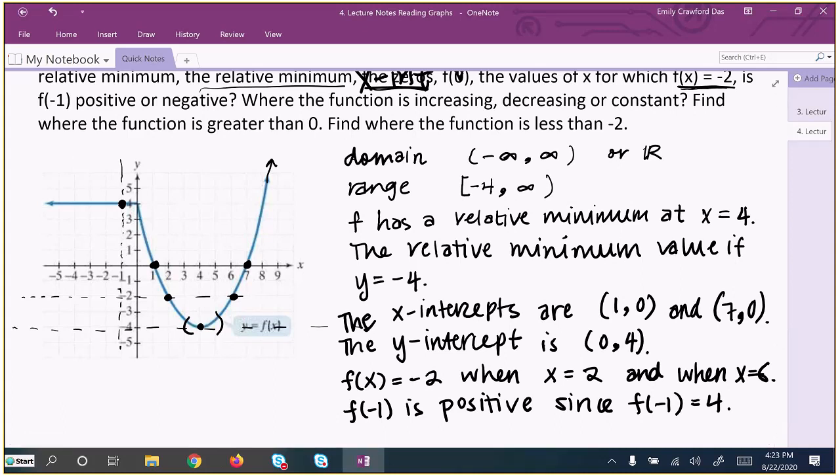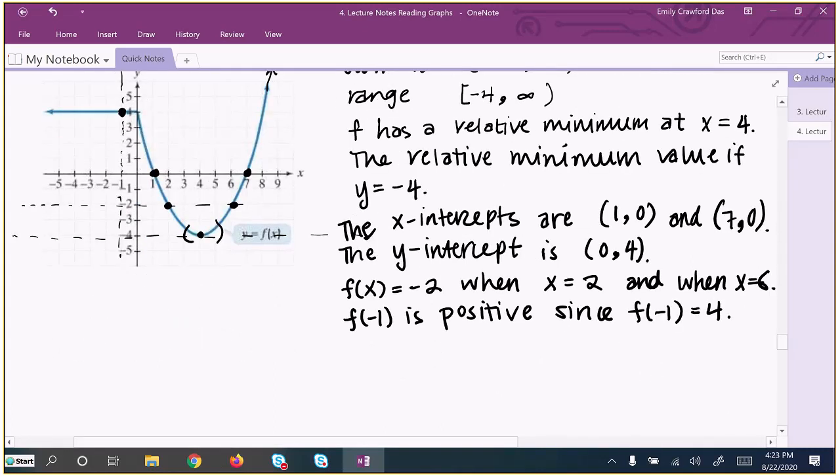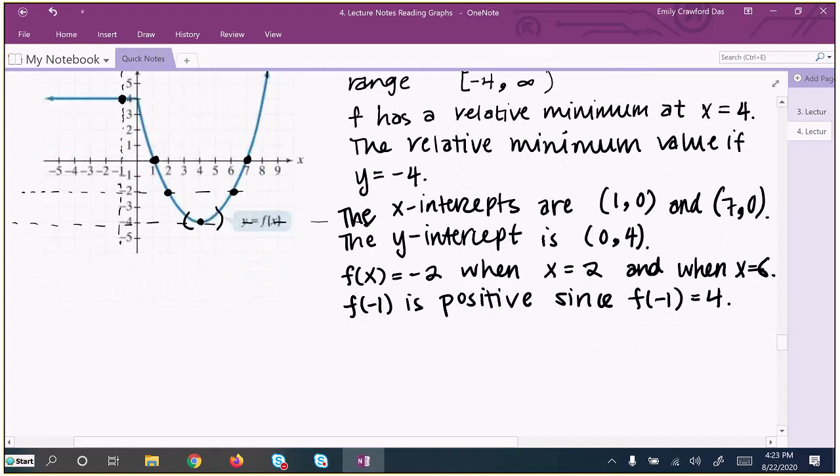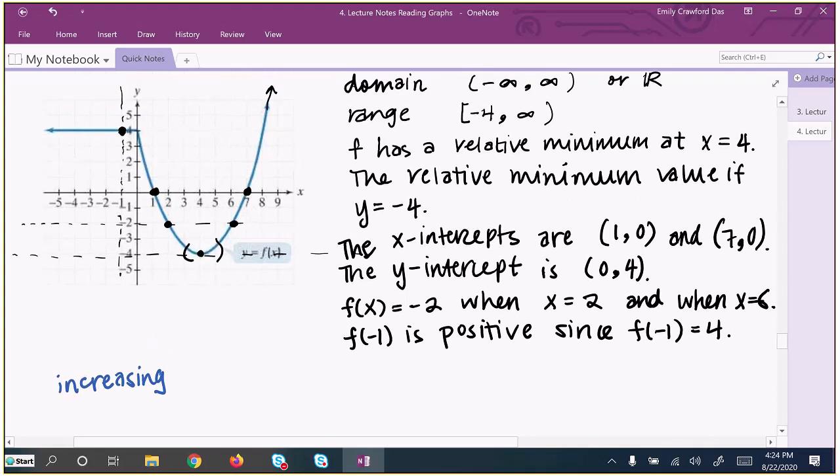We're going to find where the function is increasing, decreasing, and constant. Let's say increasing. What am I looking for when I'm talking about increasing? As I'm moving from left to right, I'm seeing whether my function values are getting bigger. If I start on the furthest side and I go like so, the function values are not getting bigger, and they're still not getting bigger.